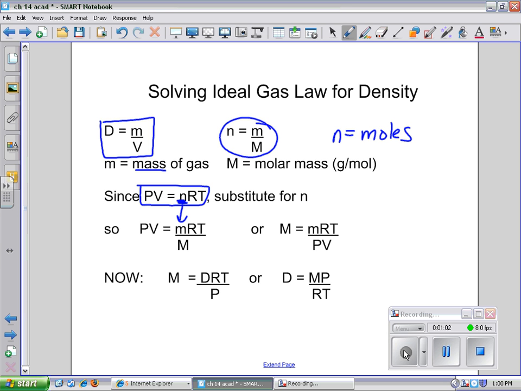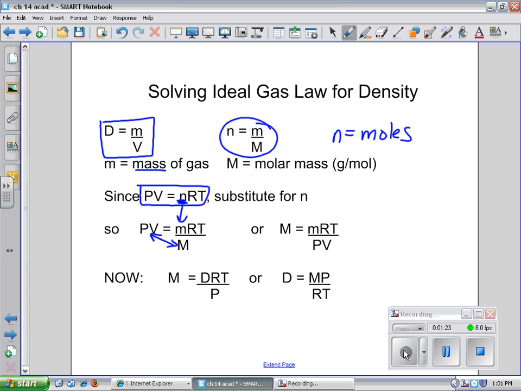molar mass. Okay, so we just substituted for n, and now what we're going to do is switcheroo here. PV and capital M are going to switch places, and we get the molar mass, capital M, equals the mass times R times T over PV.